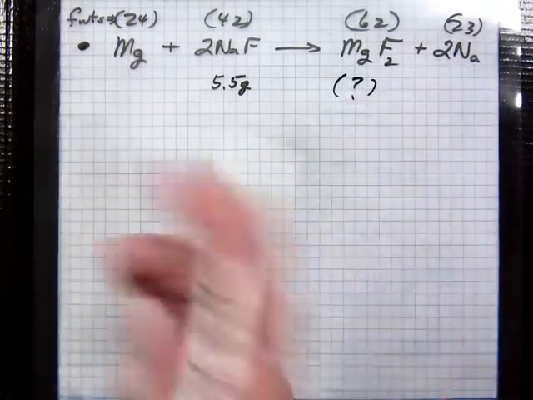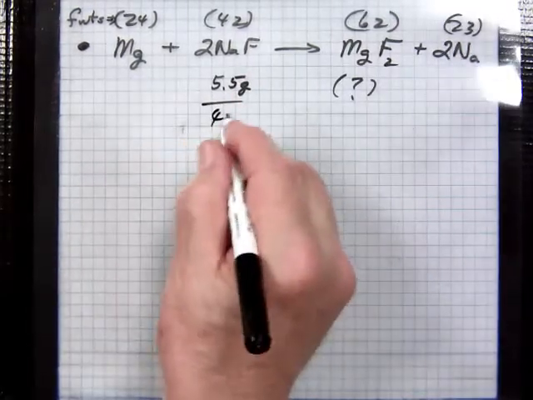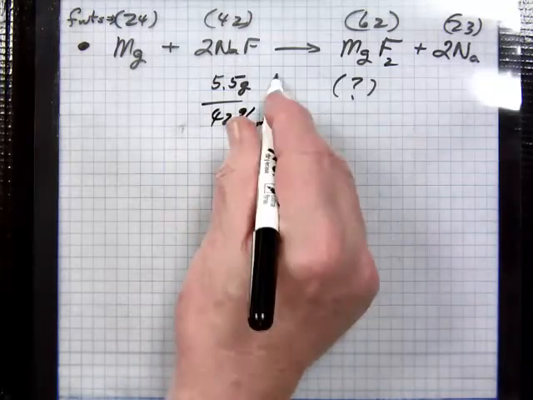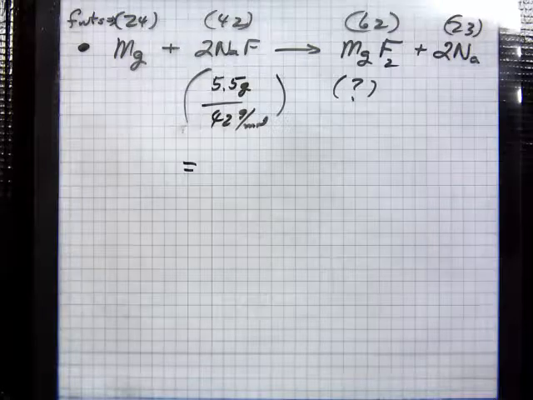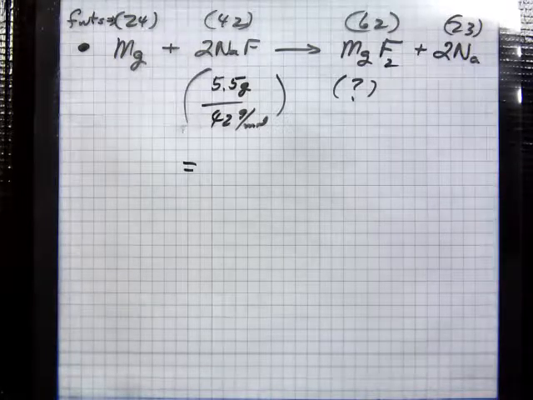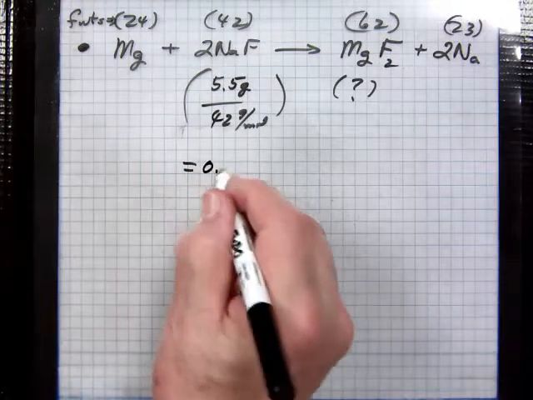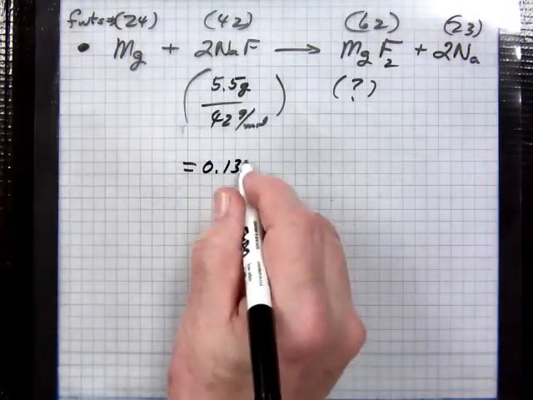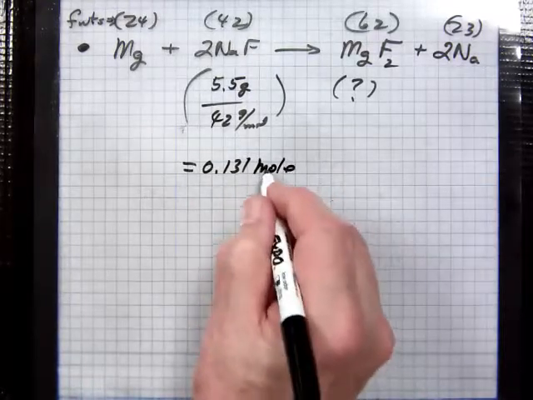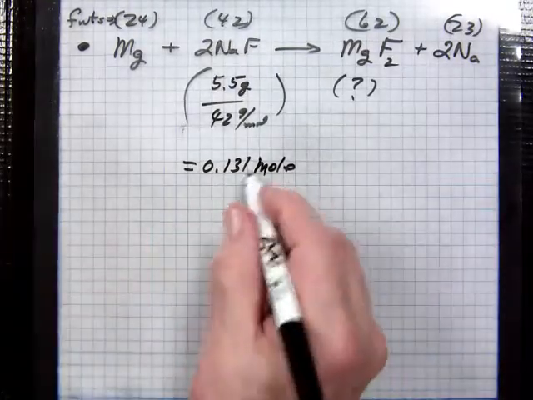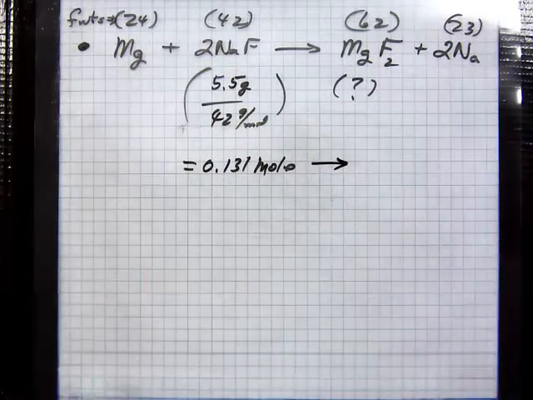Okay, converting to moles, I just leave that and put 42 grams per mole. I'll tell you now. 0.131 moles sodium fluoride.